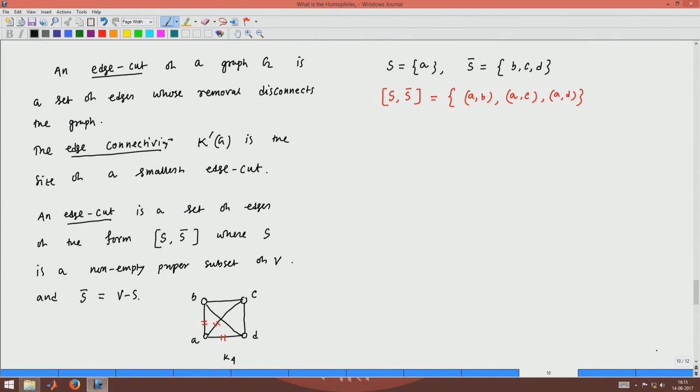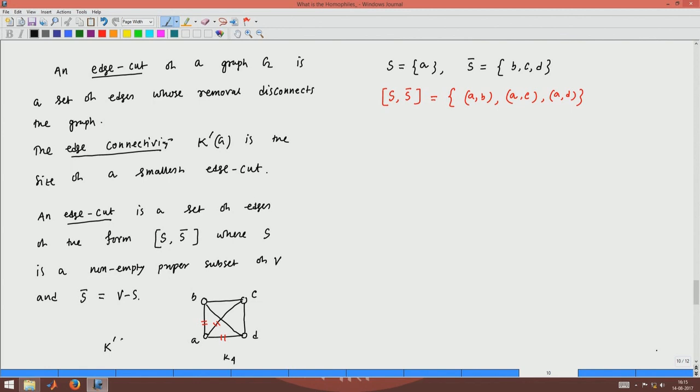So, I hope that you understood the definition of edge cut, and here the edge connectivity of K4, you need to remove minimum 3 edges to make this graph disconnected.